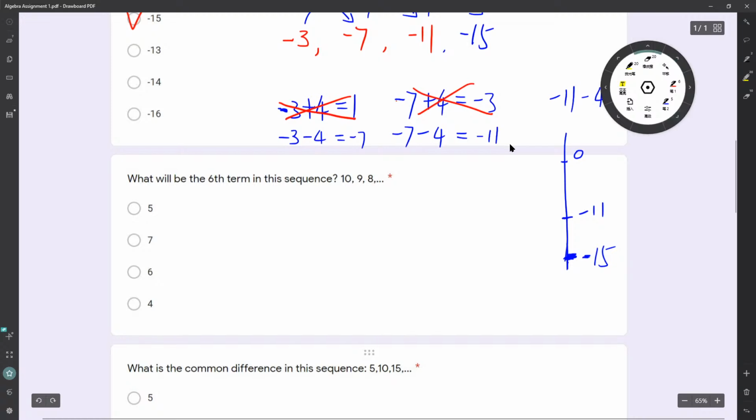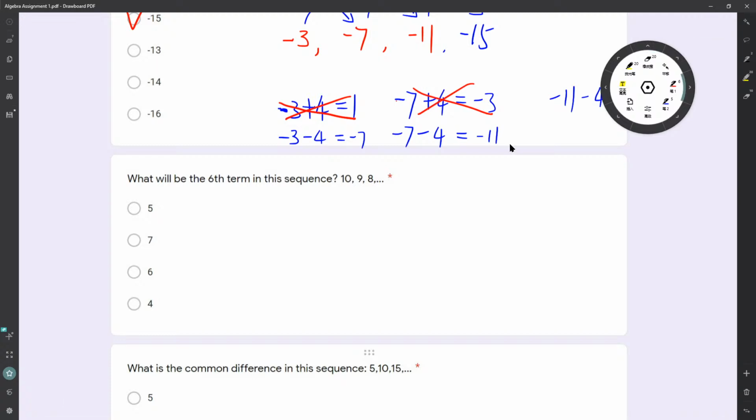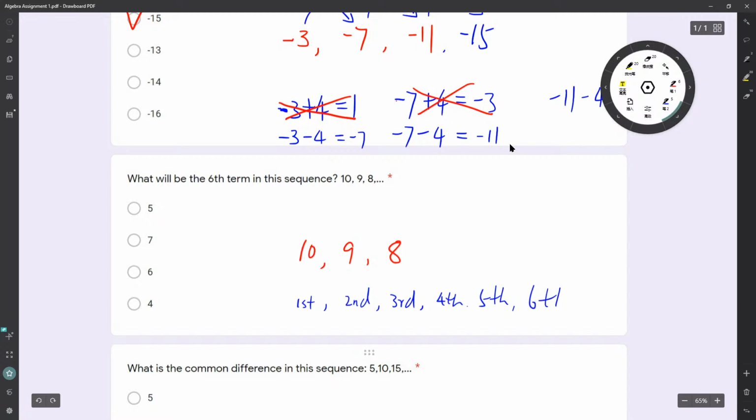Let's go on. What will be the sixth term in the sequence? 10, 9, 8. Okay, prediction again. This is our first term, second term, third term, and we need the fourth, fifth, and sixth.